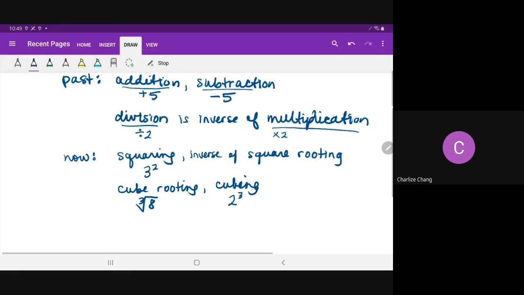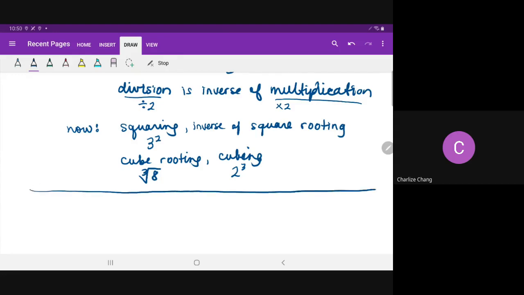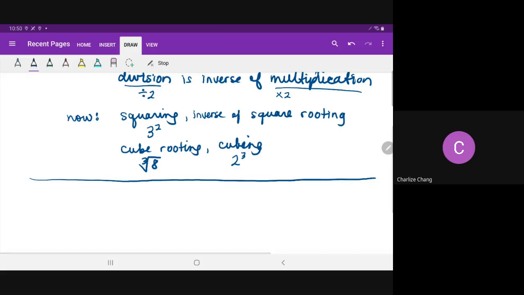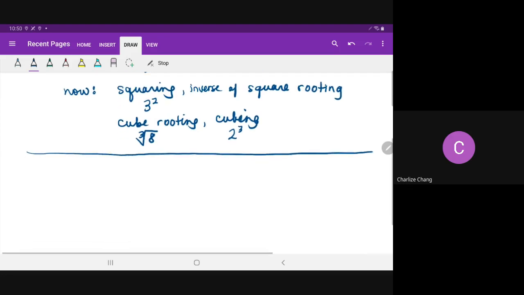So what we're going to focus mostly on today is inverses with lines. Then squaring and cube rooting we can do next Tuesday, when more people have done the square rooting and cubing homework. When you've done the 10.3 homework, it'll make more sense what we'll be doing next week. So let me show you the problem.